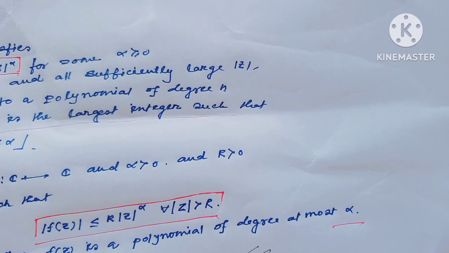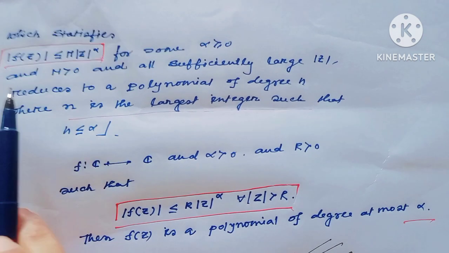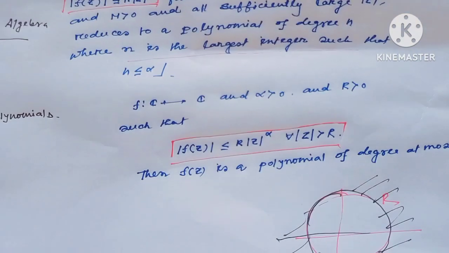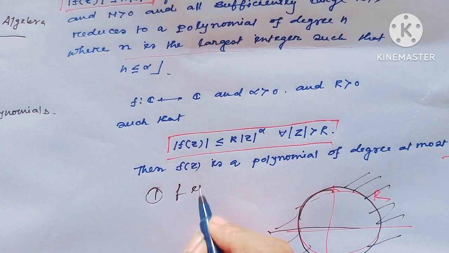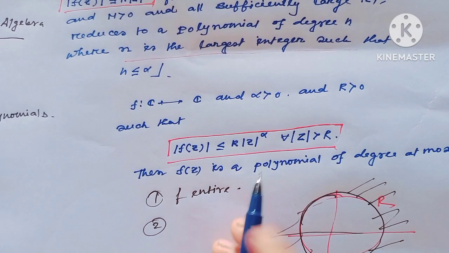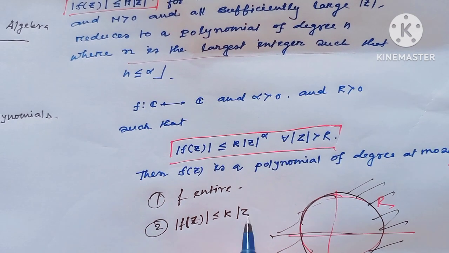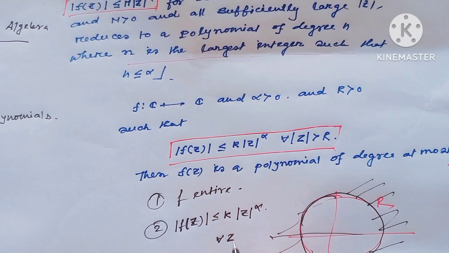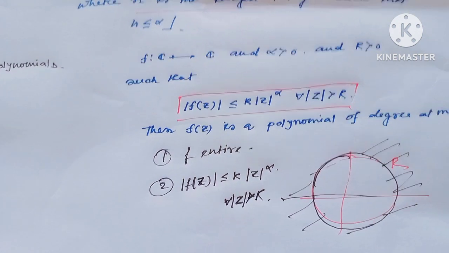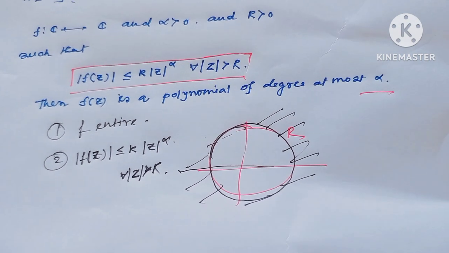That means by extension of Liouville theorem, since f is entire, and here modulus of f(z) is less than or equal to k times mod z to the power alpha, and this is true for all modulus of z greater than r, then we can tell this is a polynomial of degree at most alpha.